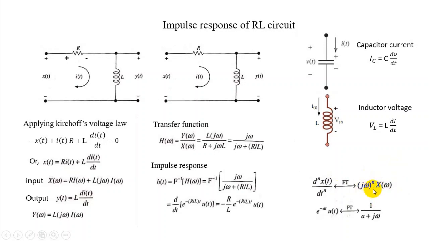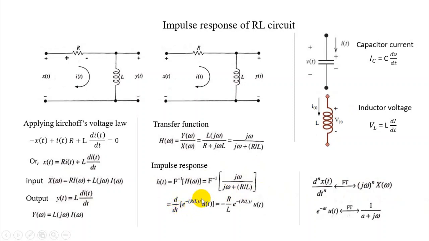If we have the multiplication of X(omega) with j omega and take the inverse Fourier transform, we are able to place the differentiation term. So here, j omega is placed as a multiplication with j omega plus R divided by L. This property of the Fourier transform indicates a first order differentiation.